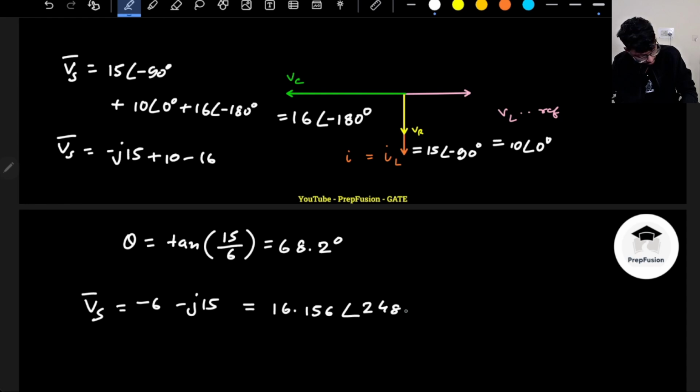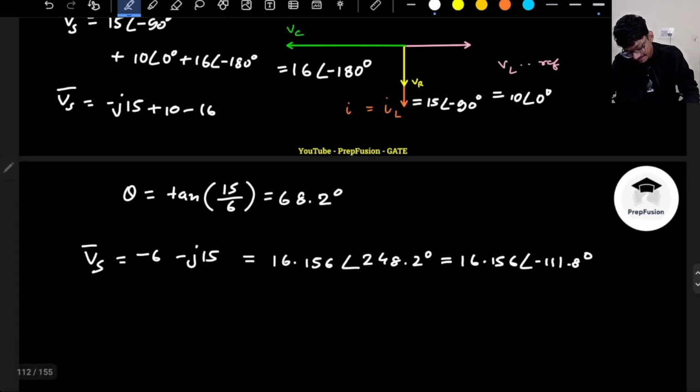I don't like this large angle, so I will just subtract 360. It does not matter if you subtract or add 360. So this value will be 16.156 angle minus 111.8.